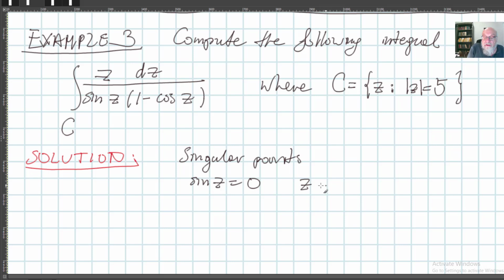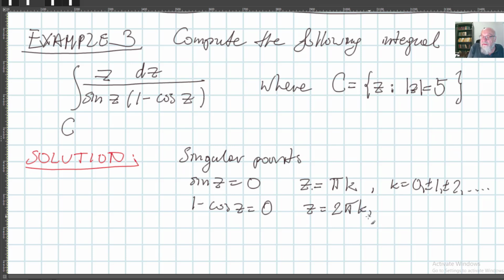That means z must be equal to pi k, and k is equal to 0, plus minus 1, plus minus 2, etc. Or 1 minus cosine of z is equal to 0, and that means that z must be equal to 2 pi k, and k is again equal to 0, plus minus 1, plus minus 2, etc.